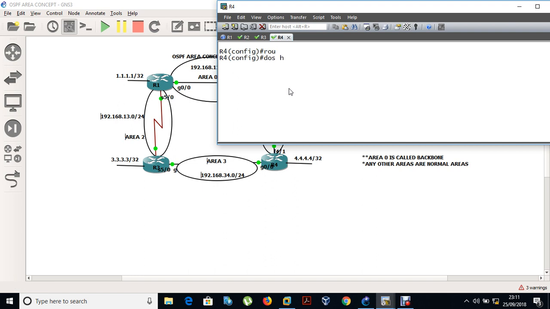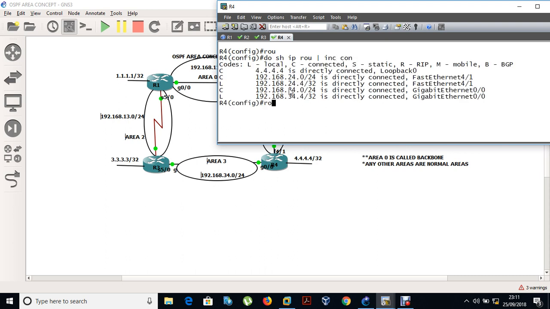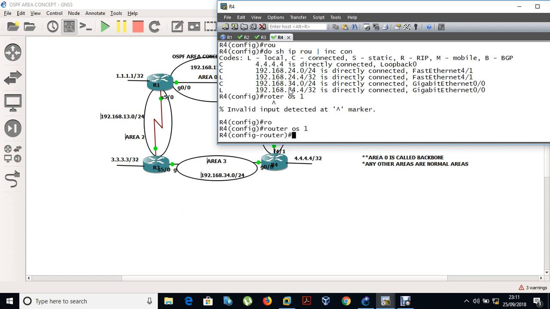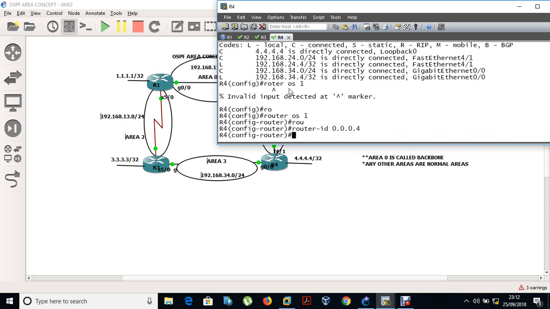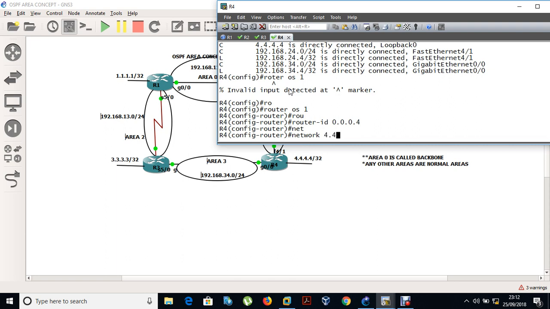Do show IP route include connected router OSPF 1, router ID 4.4.4.4, sorry, 0.0.0.4, network 4.4.4.4.